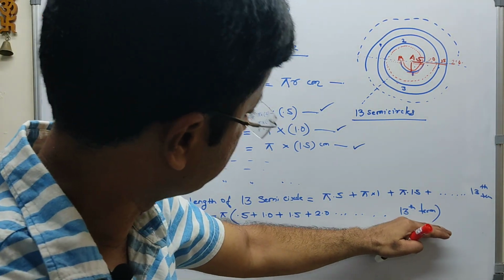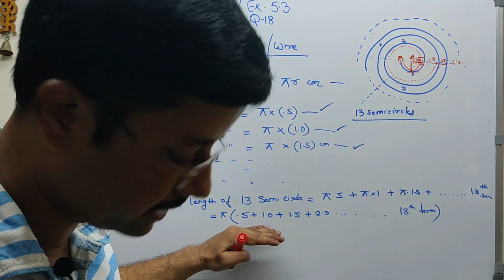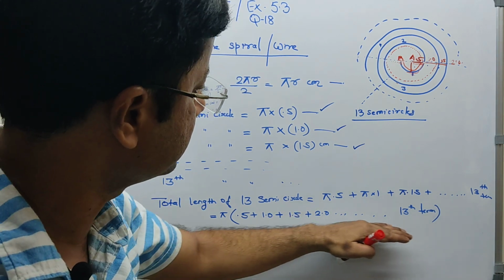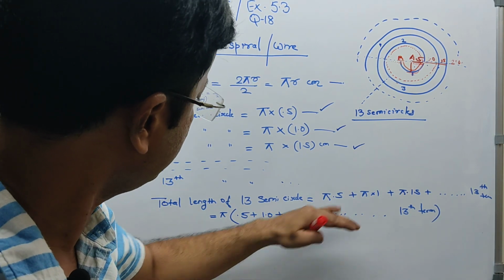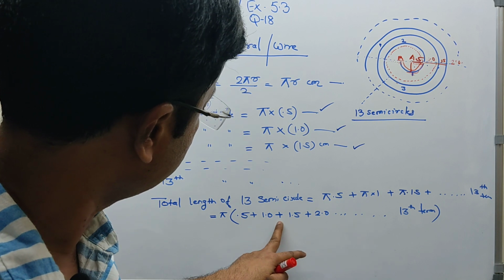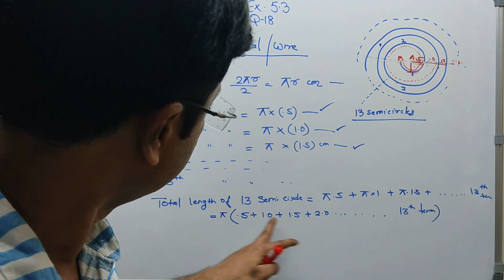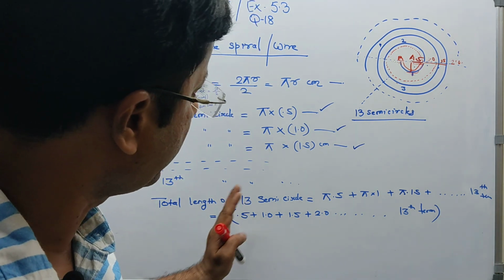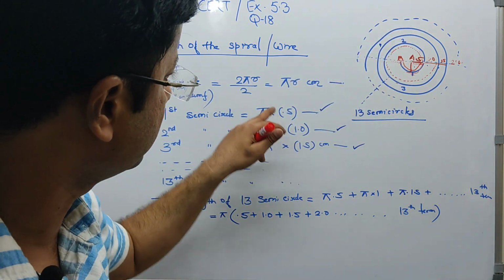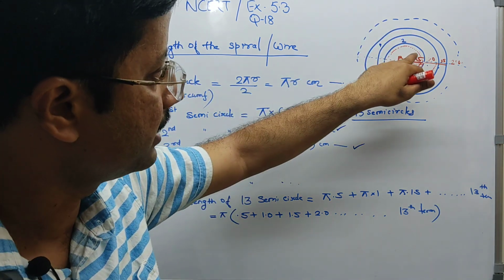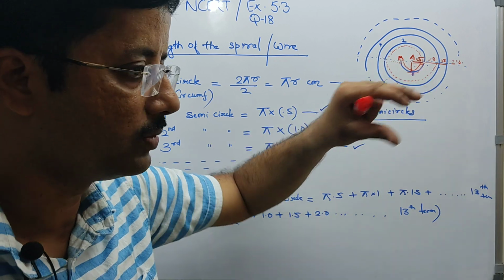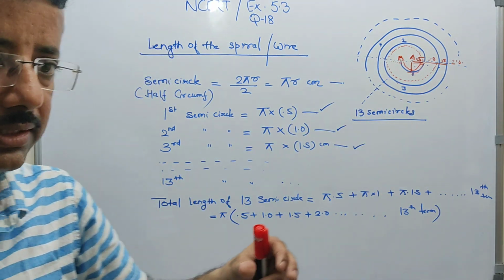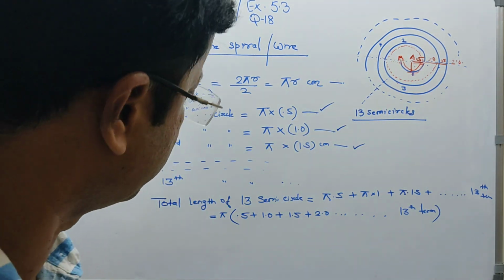We are adding all the semicircles, each with formula pi r, so when you add all of them you get the total length of the wire.